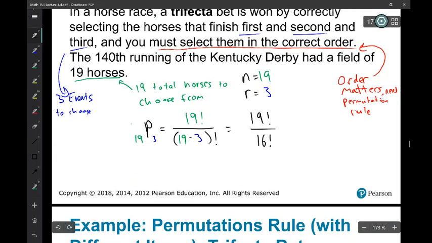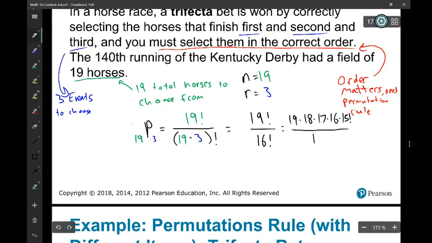Now, what is the meaning of 19 factorial? It means 19 times 18 times 17 times 16 times 15 times 14, all the way down. So times 15 factorial. We'll expand the first four numbers we multiply and leave the rest in factorial notation. And then 16 factorial.